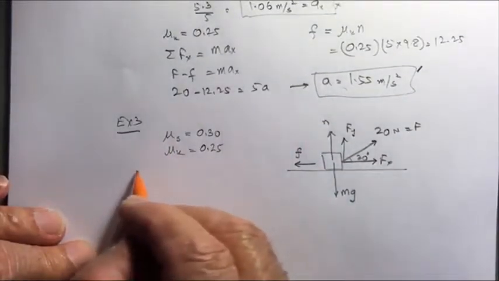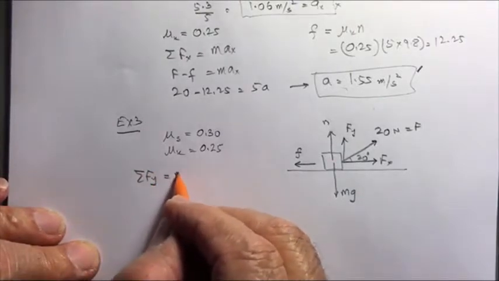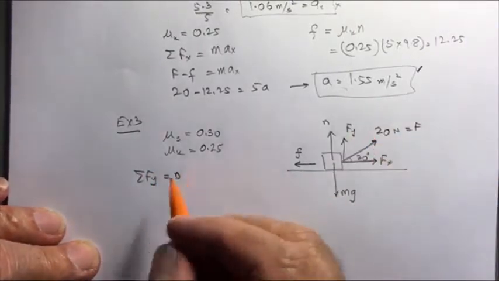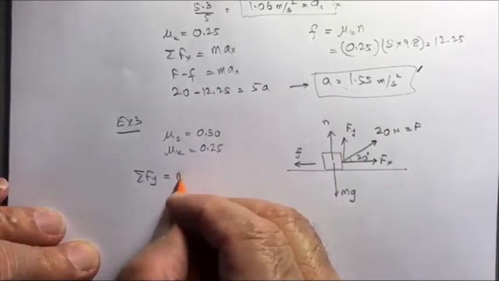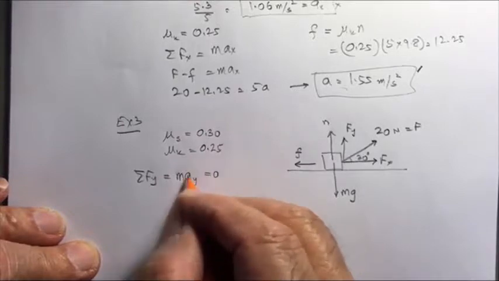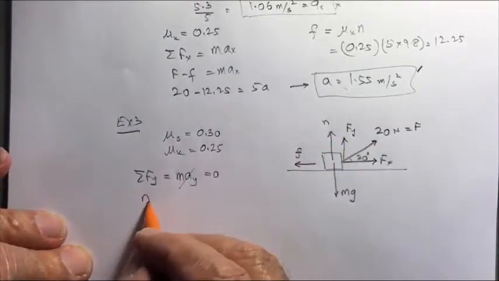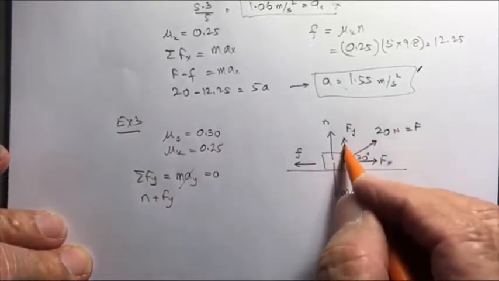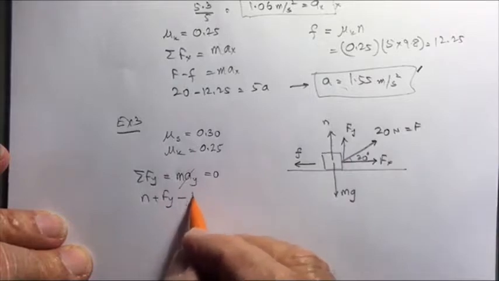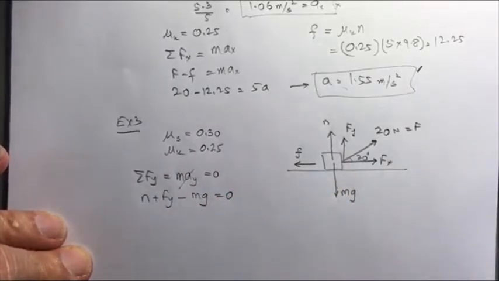Now we use the sum of forces in the y direction equals 0. Normally in the y direction the acceleration is 0, so we could write it as may equals 0. In the y direction we have the normal force and the Fy, both upwards, and we have the mg downwards, and they should add up to 0.